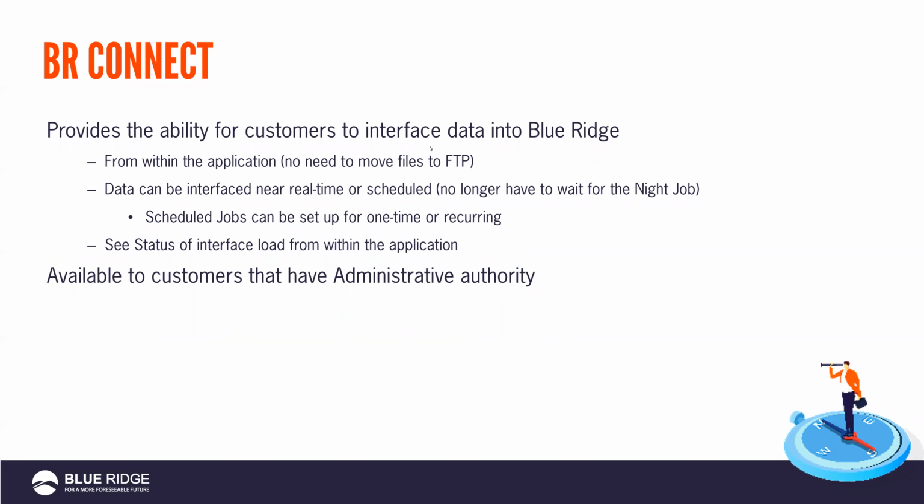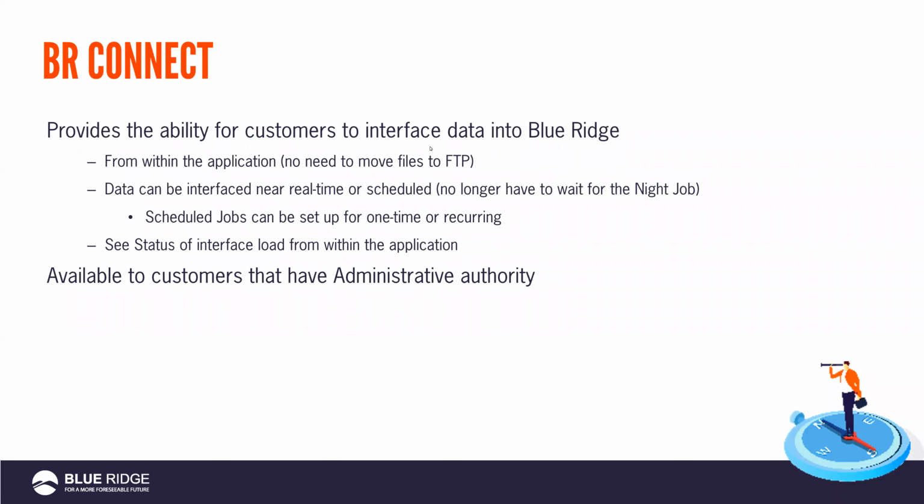We just want to spend a little bit of time on some of these key features that we released since last Blueprint. And one of them is Blue Ridge Connect. Dario is doing a detailed session on this topic, and I encourage everyone to attend that for more details. But the purpose of BR Connect is some of the orphan attribute data, both items, sources, brackets, and so on and so forth, that may not be available in the ERP, but is important for you to have that data in Blue Ridge.